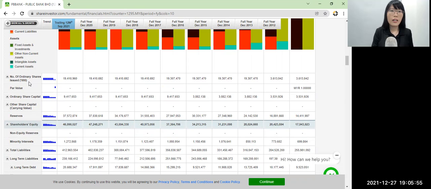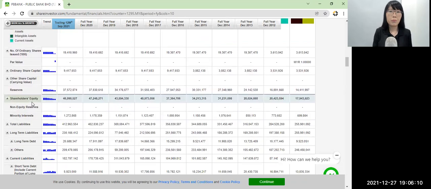When you scroll down, you can see the number of ordinary share issue. What is the ordinary share capital? How much are the reserve, and so on. Then you still can see the shareholder equity. So you can find all the figures here.